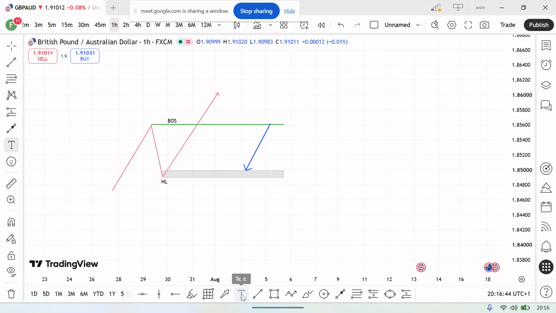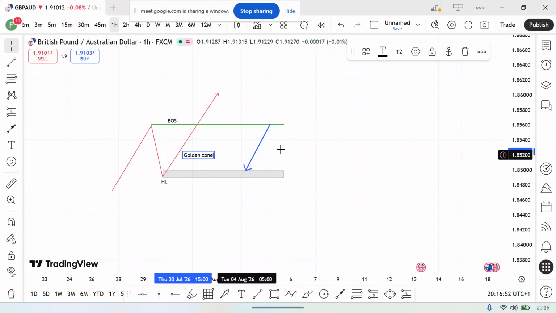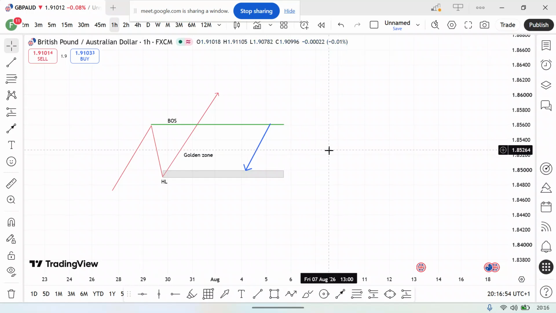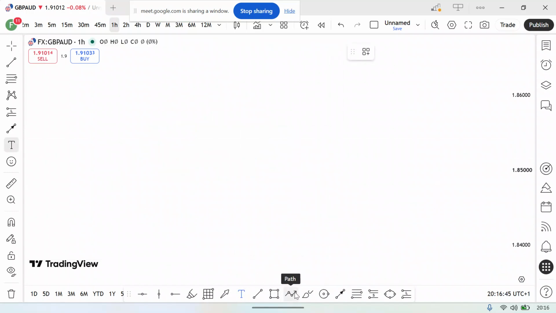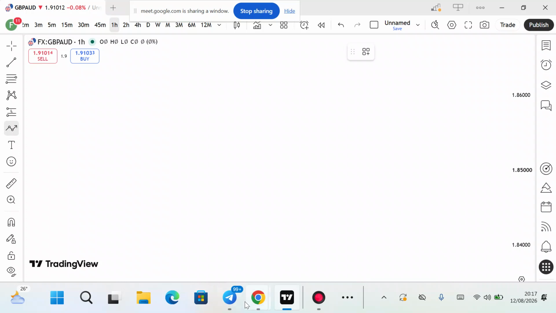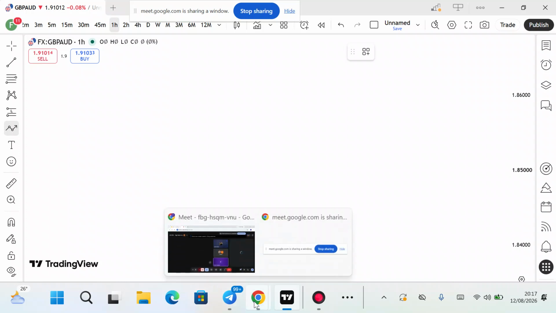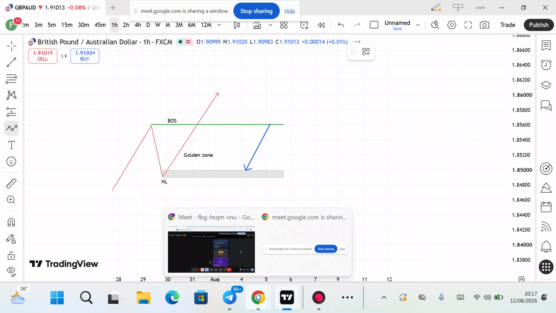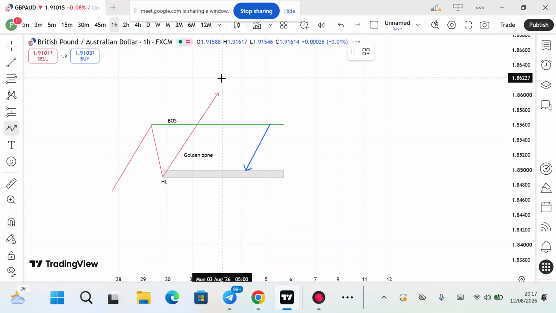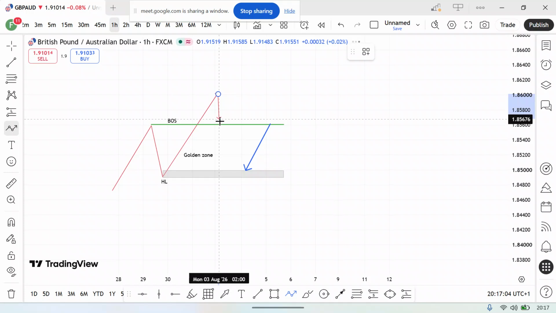I name this part my golden zone. What am I expecting?